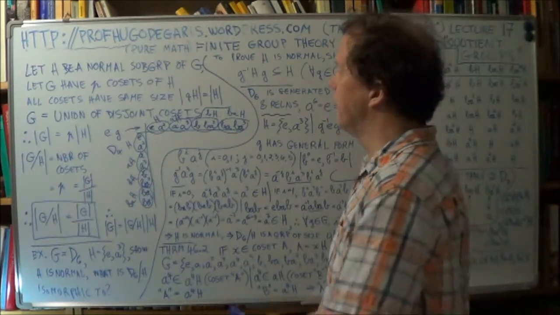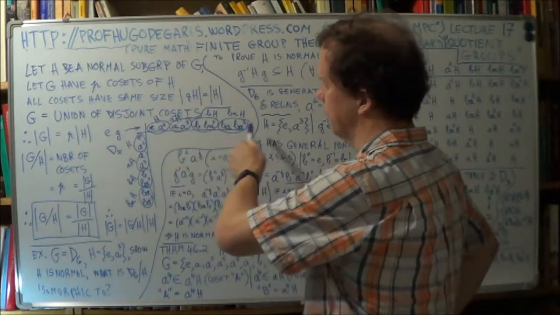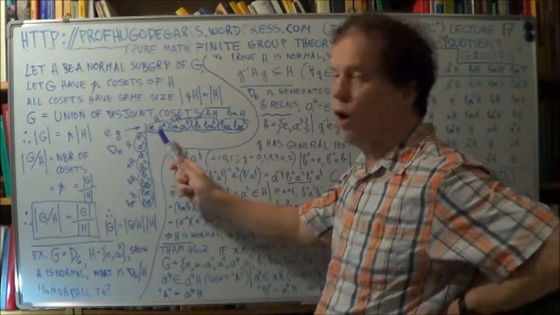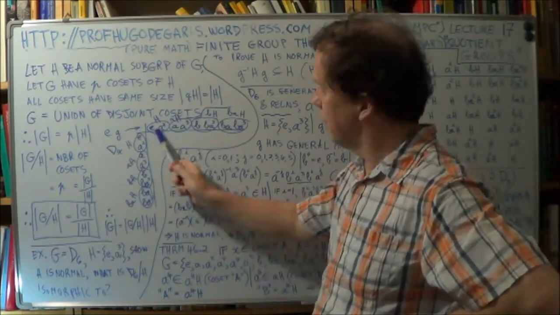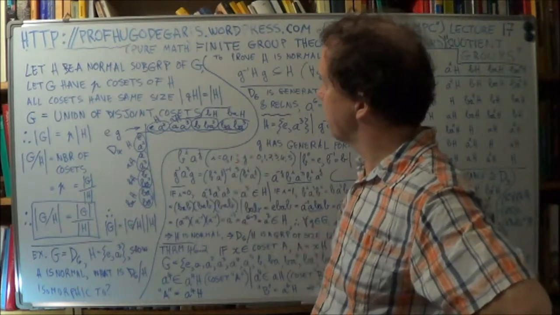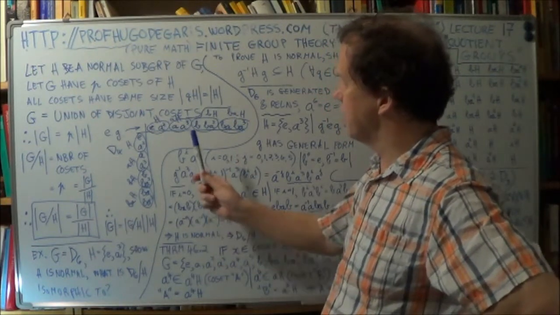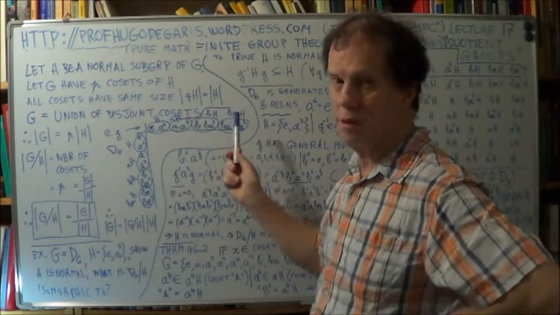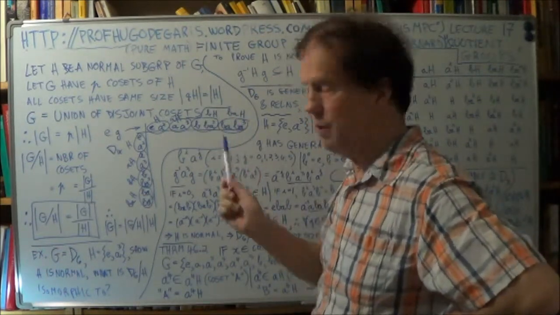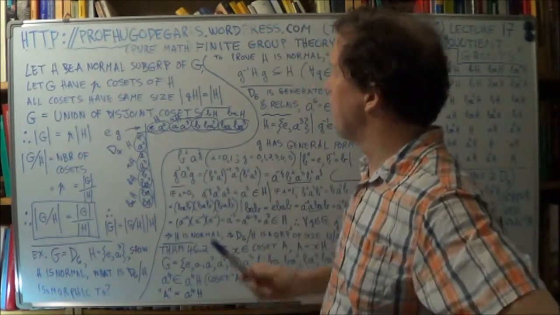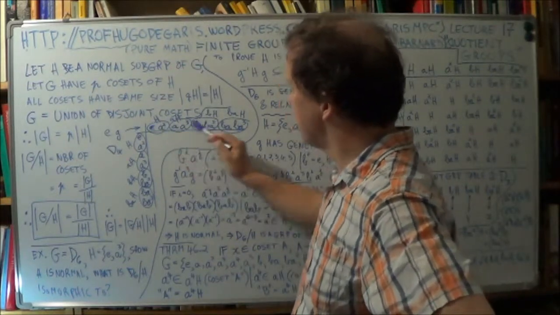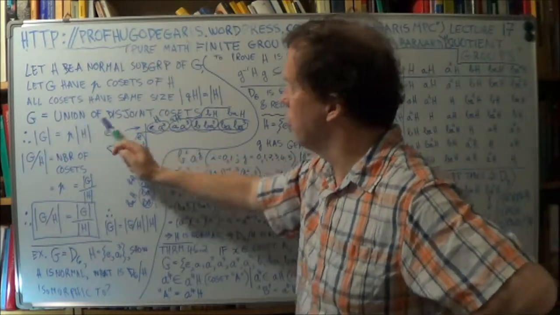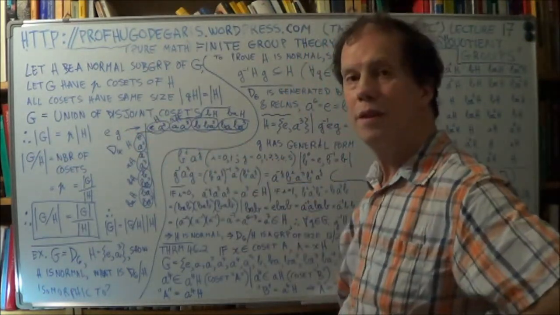So you've got 4 times 2, so you've got 4 cosets, 1, 2, 3, 4, and each of them is of size 2. That's not surprising, cosets are all the same size. But all these elements together, that's G, because G is a union of disjoint cosets.